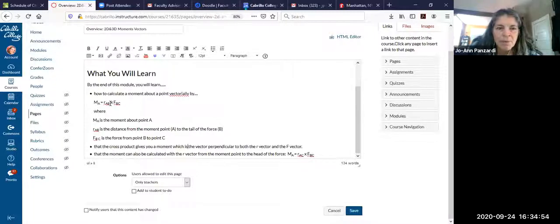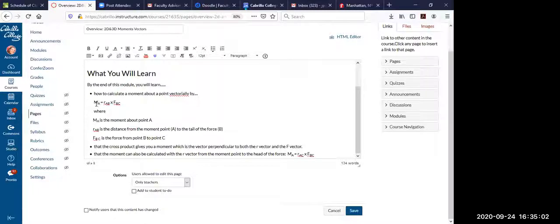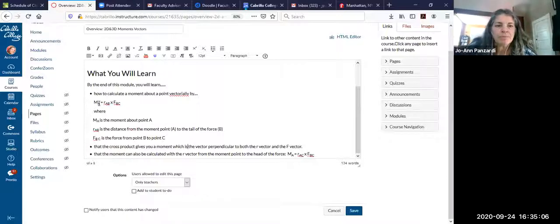Okay, I'm going to say it one more time. When I'm doing the cross product, I'm trying to find the moment about a point. And the subscript of the moment is the point I'm trying to find the moment about. The subscripts of the force represent the tail to the head.